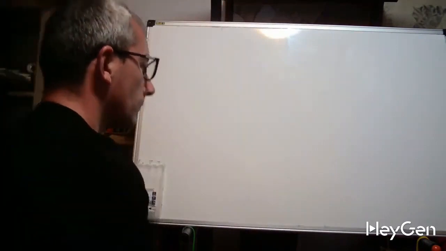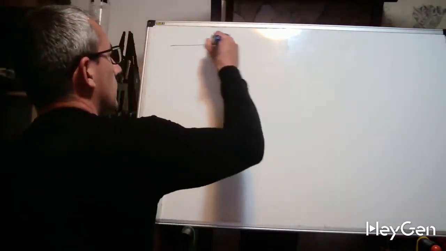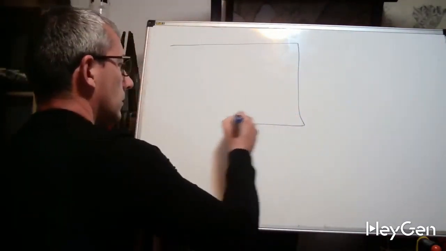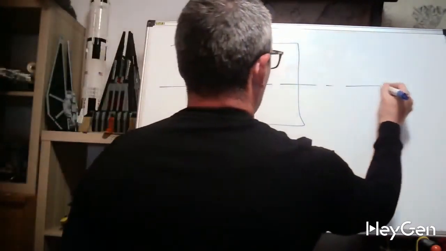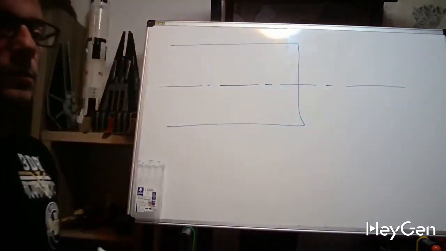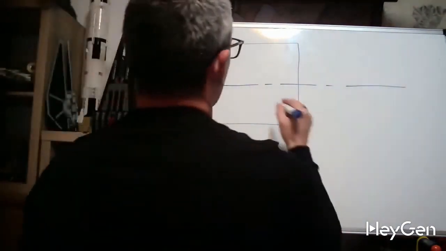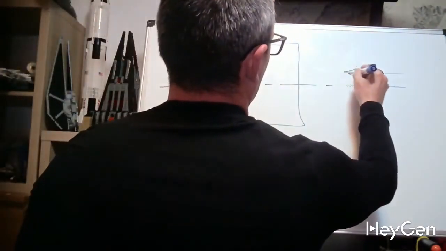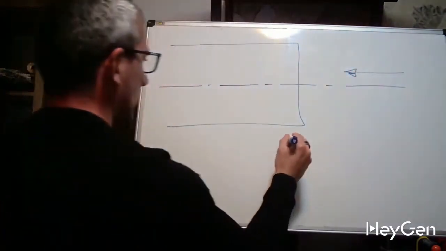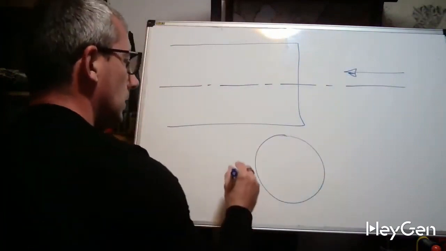What does that mean? Normally we see our piece like this, and this is the axis of rotation of the piece. Now our point of view won't be this anymore, but it will be this. So we need to look at our piece this way.